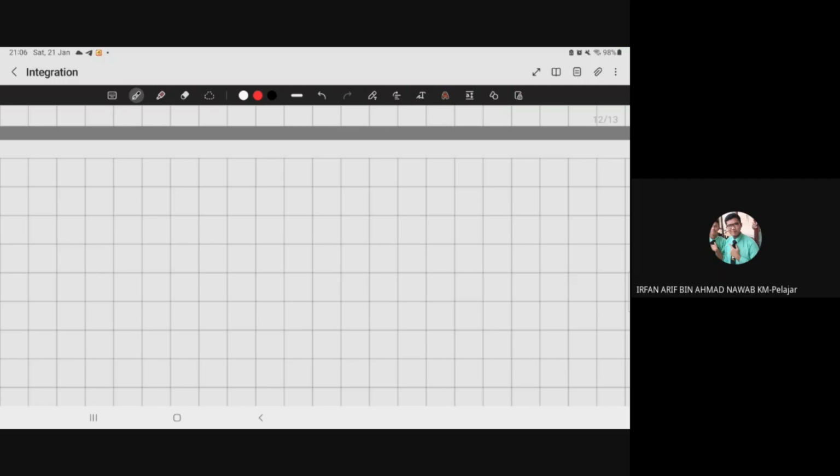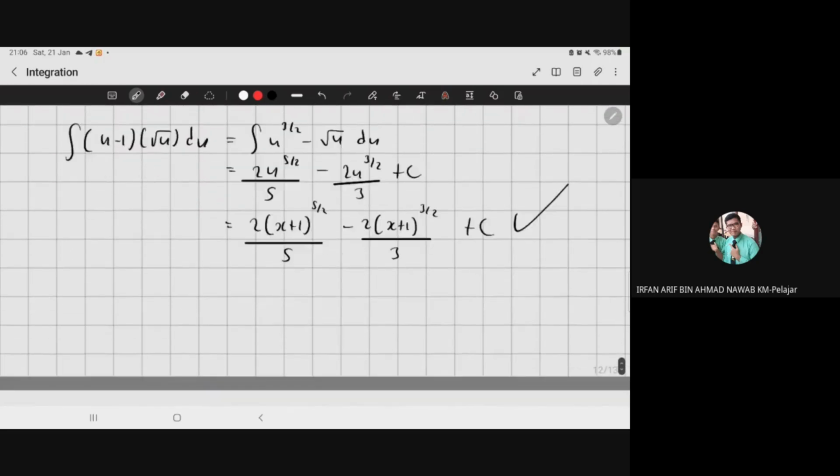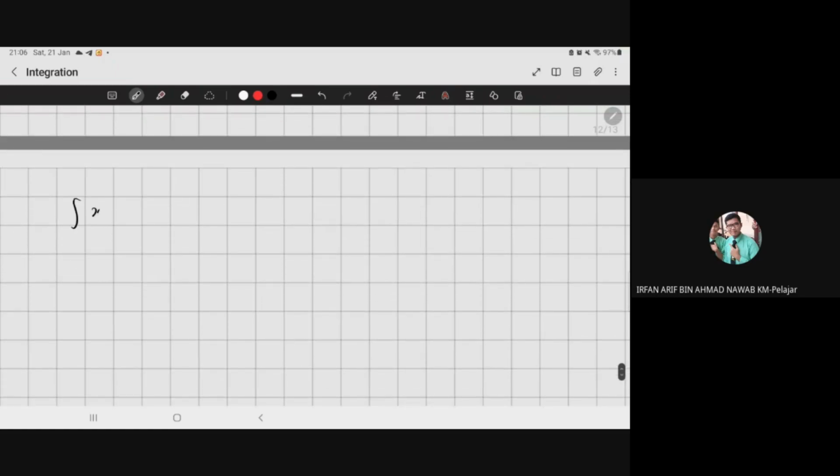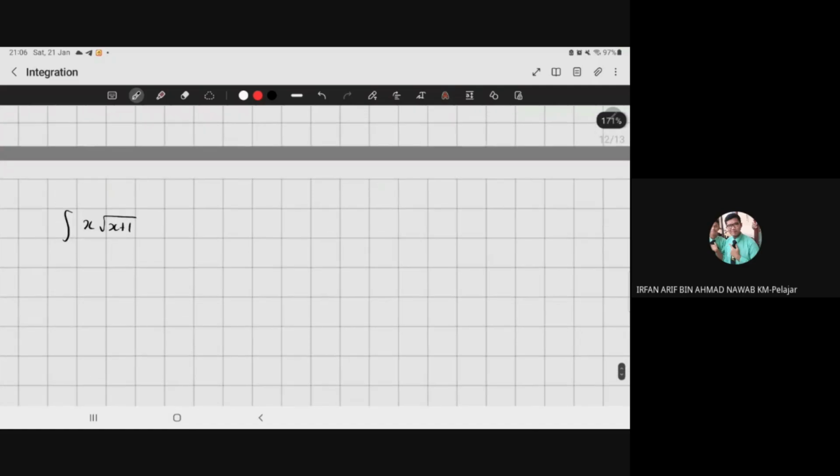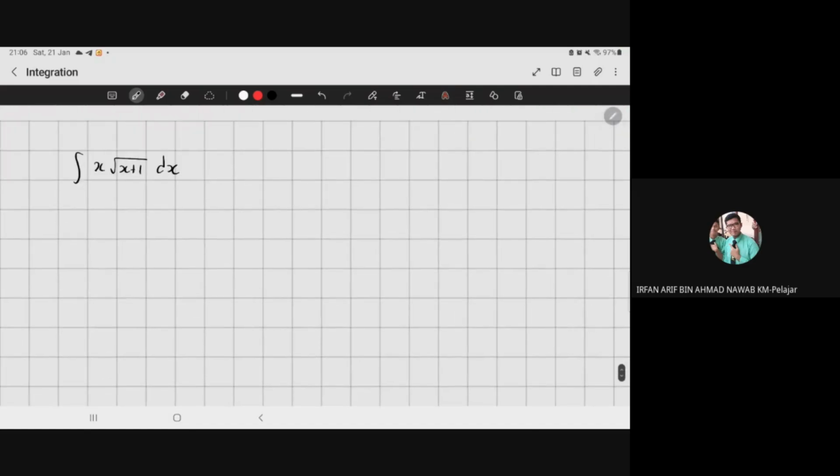All right. So yesterday we talked about this one. The integral for x times with x plus 1 dx. Now, this first working I want to show you is by using the technique, which is the integration by part.